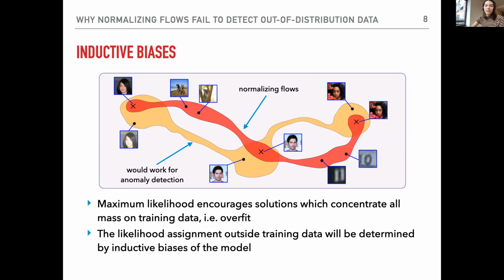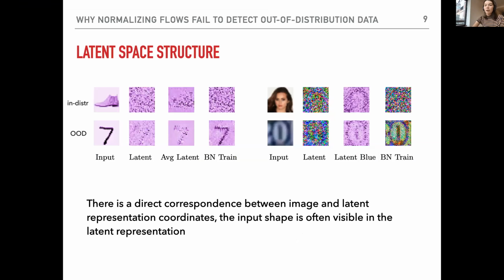So it is the inductive biases of the model, which are captured by the design choices and the architecture, which determine how the probability mass is assigned outside of these train samples, and consequently how the model performs in OOD detection. Right, so let's talk about the inductive biases of flows.